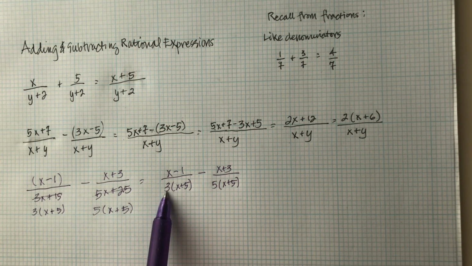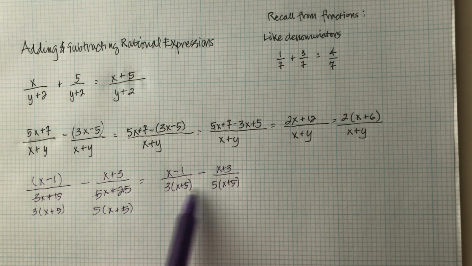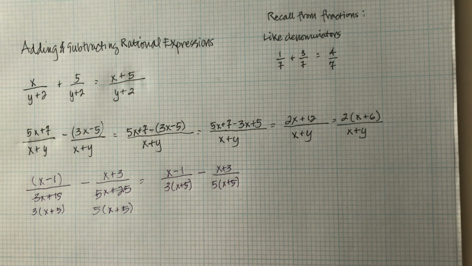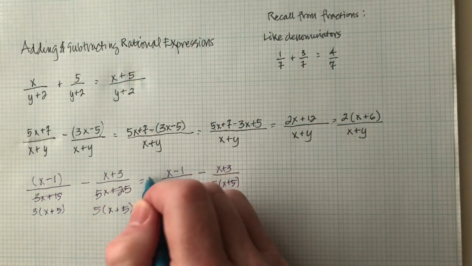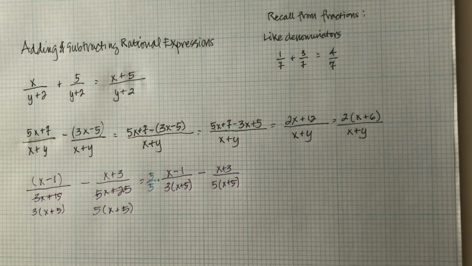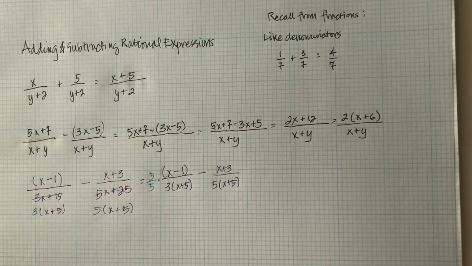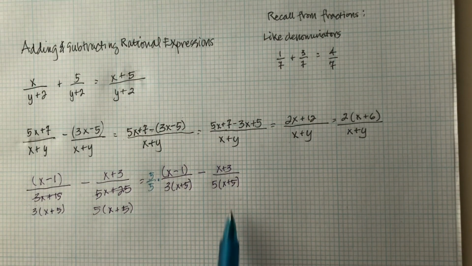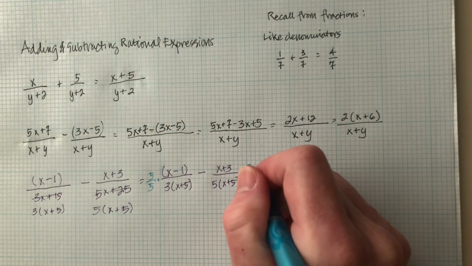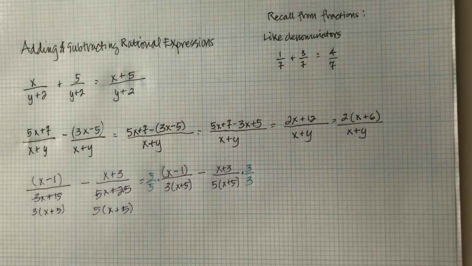But for this denominator to be like this denominator, it's going to need a factor of 5. So let me show that I'm going to multiply this whole thing by 5 over 5. And now I do want to put that in parentheses. And for this one, we need a factor of 3 to get the denominators to be alike.